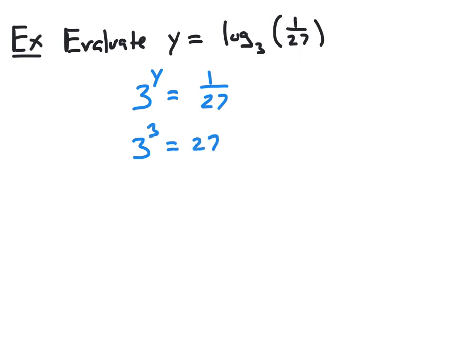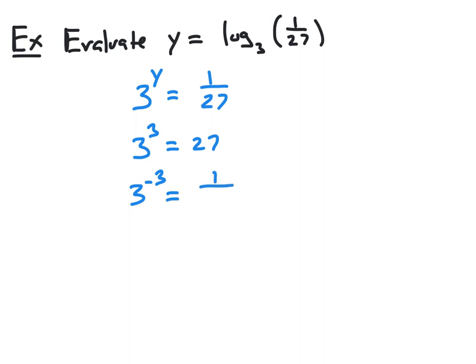But this doesn't exactly help us directly because we don't want 3 to the y to be 27. We want it to be 1 over 27. However, we should also remember that one property of exponents is that if an exponent is negative, it will move that number to the denominator. And so we might then try 3 to the negative third power.